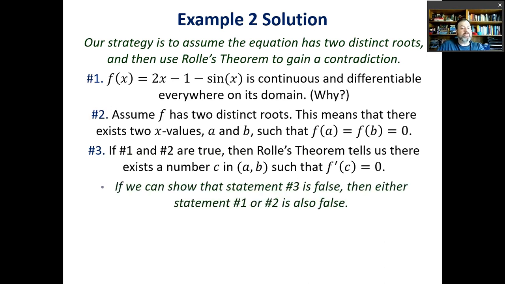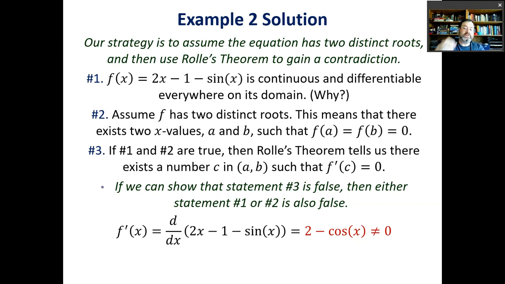Well, what's going to end up happening is that if we can show statement 3 is false, then either statement 1 or 2 is also false. Okay, so this is called a proof by contradiction. And let's see what happens. So we take the derivative of the function, and we get 2 minus cosine x.